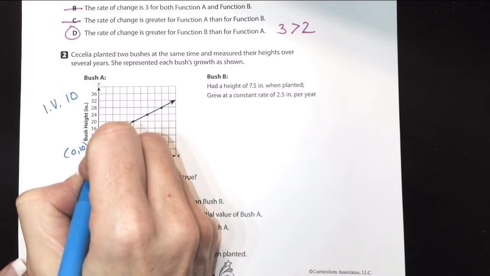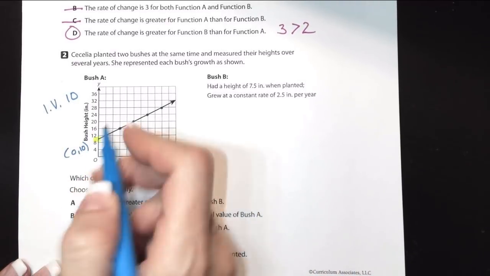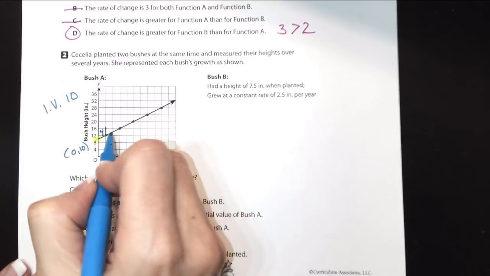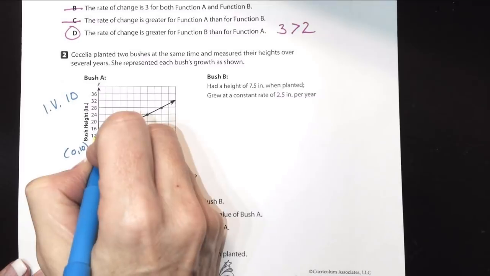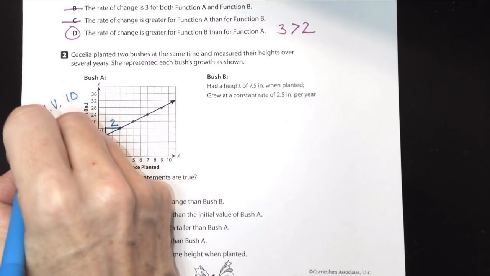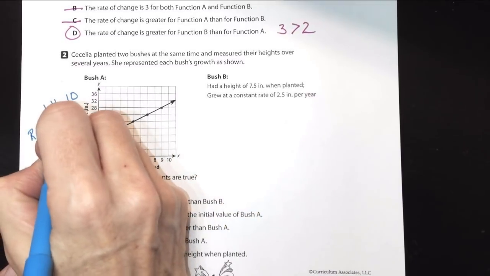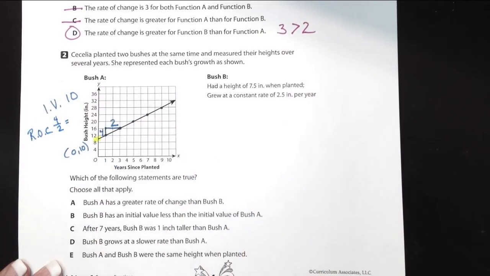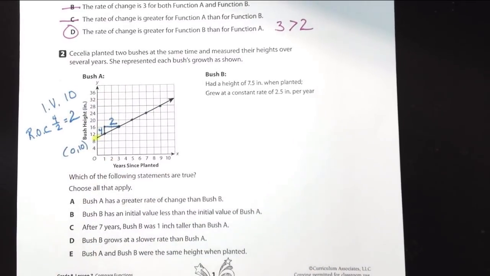So if I'm going up 1 unit, I have to look, 1 unit is worth 4, and I'm going over 2 units. Okay, so my rate of change is 4 over 2, and we would go ahead and reduce it because we need to compare the numbers, so it is 2 for bush A.